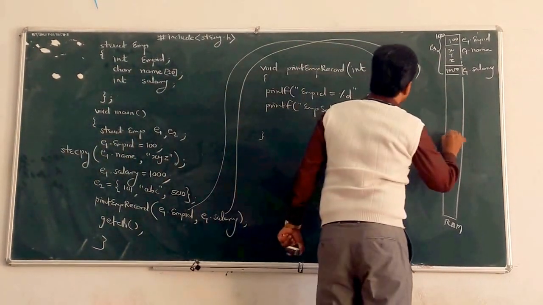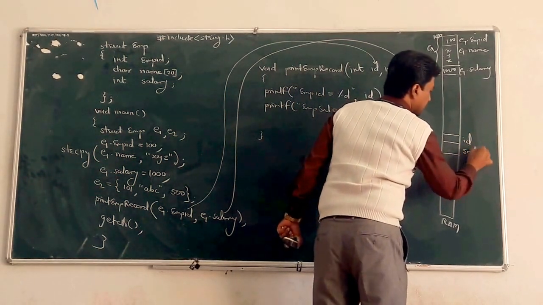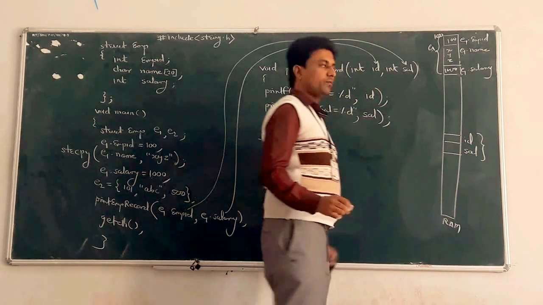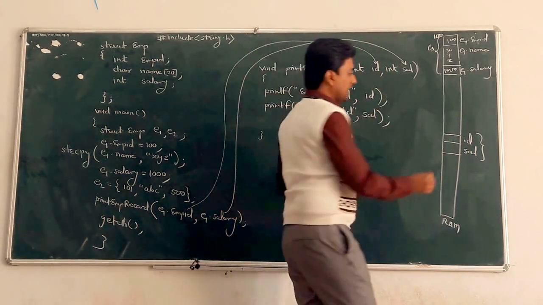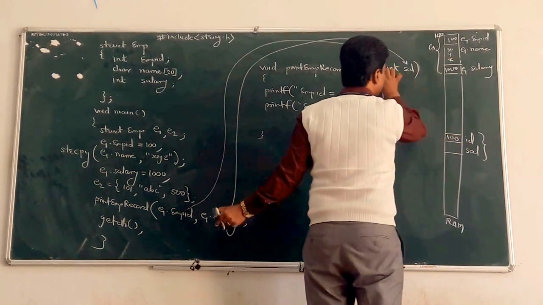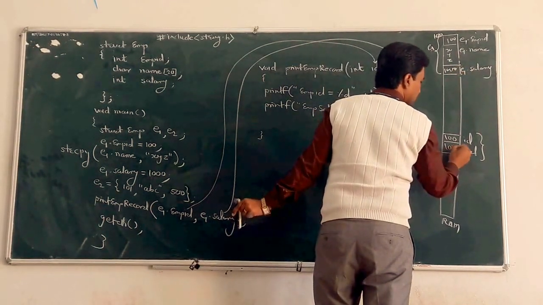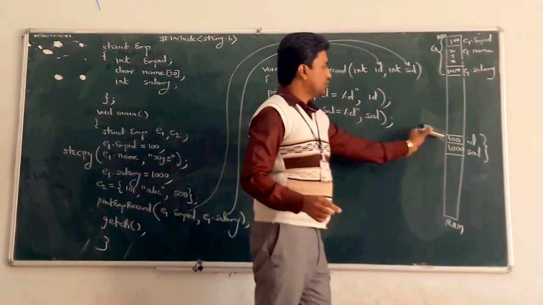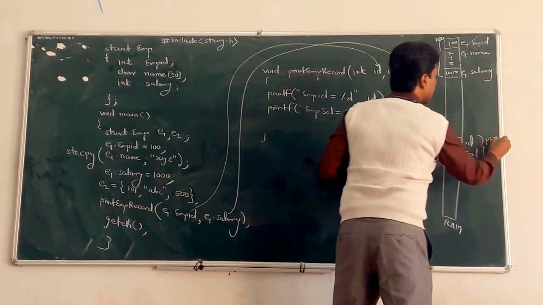Now for ID and salary, two memory locations are reserved in the stack memory, and the employee ID, that is 100, is copied into the ID variable, and whatever the salary is, that is 1000, is copied into the sal variable.